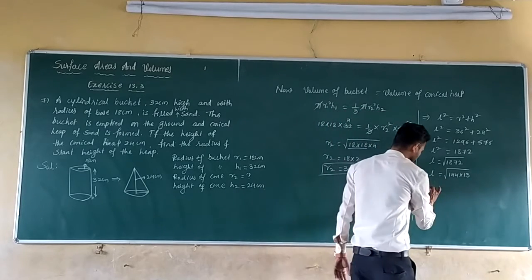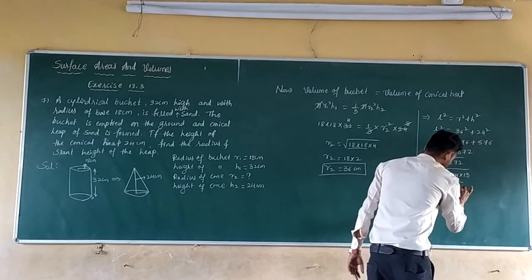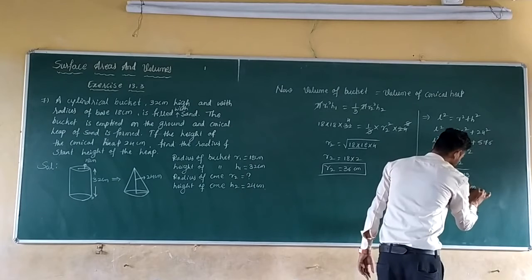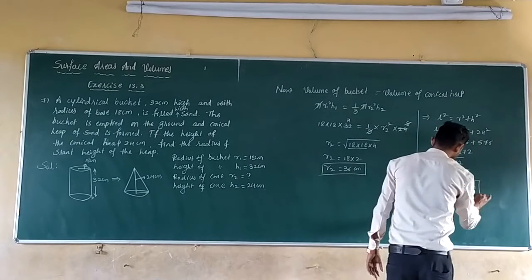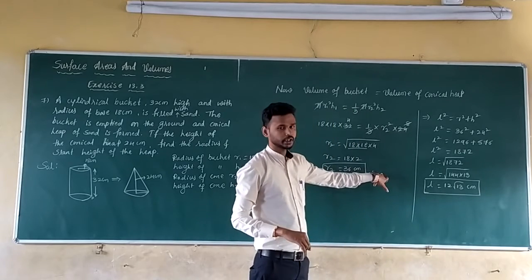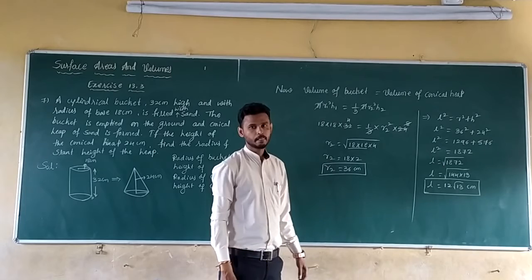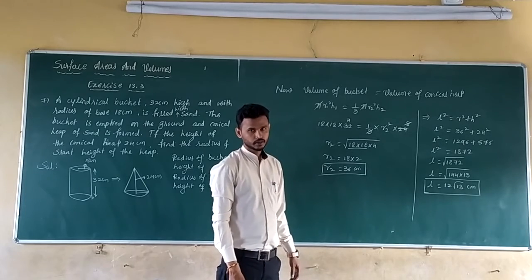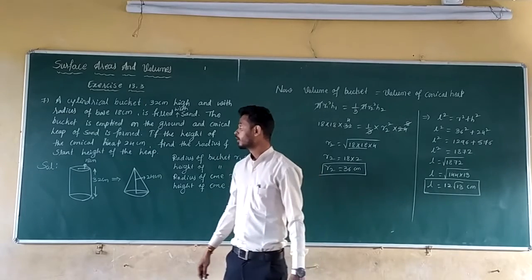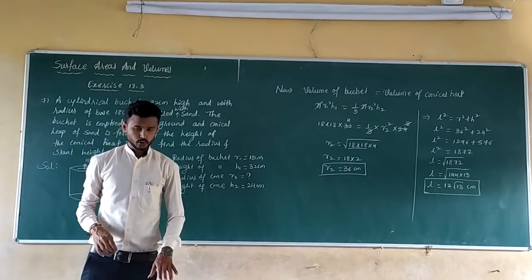What is the square root of 144? 12. So 12 root 13 centimeters. Therefore, the slant height of the conical heap is how much? 12 root 13 centimeter. So this is about the solution of the 7th question. Let's see the next question.